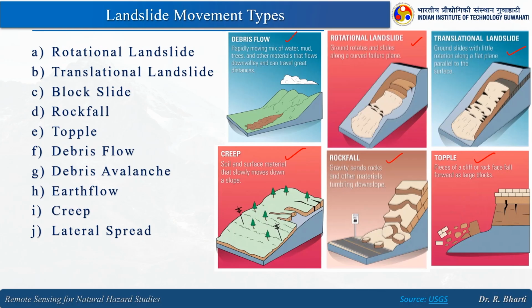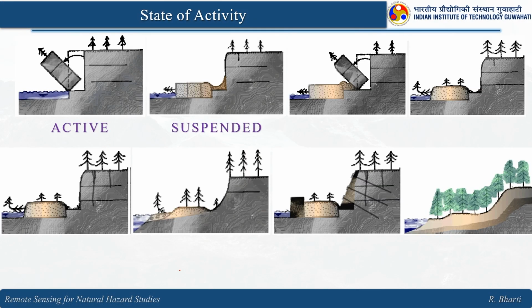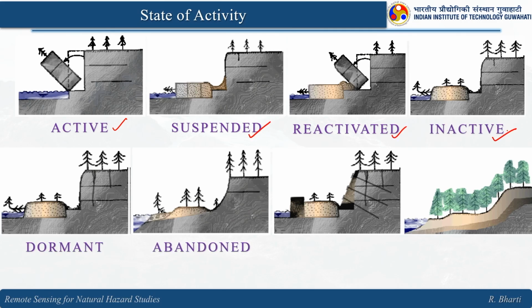I hope you will be able to perceive how the material or the mass is moving, and based on the movement we have different names of the landslide. And we also discussed the state of activity, whether it is active, suspended, reactivated, inactive, dormant, abandoned, stabilized or relict.